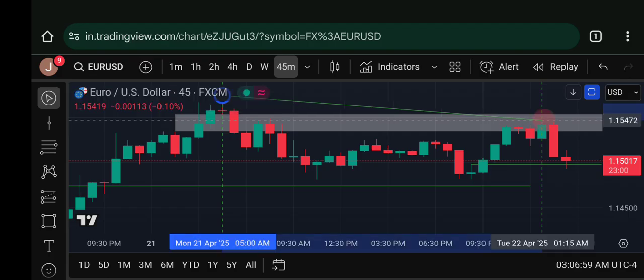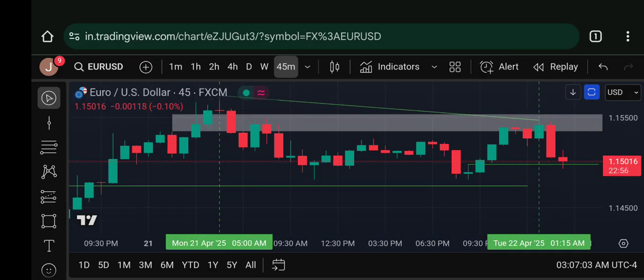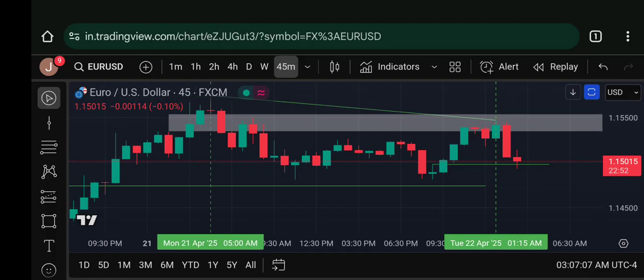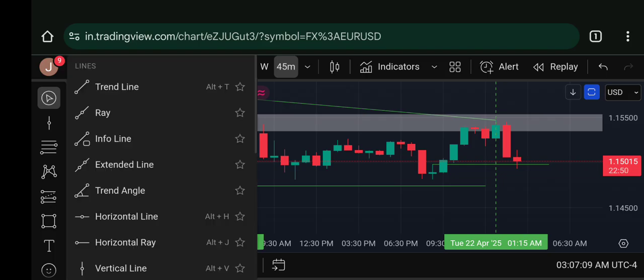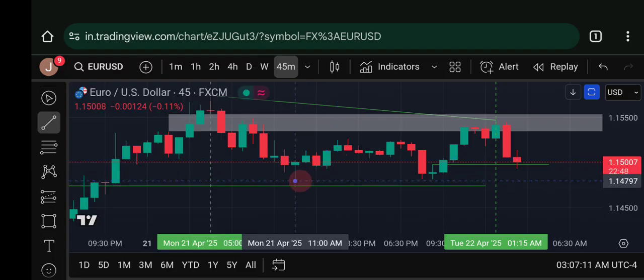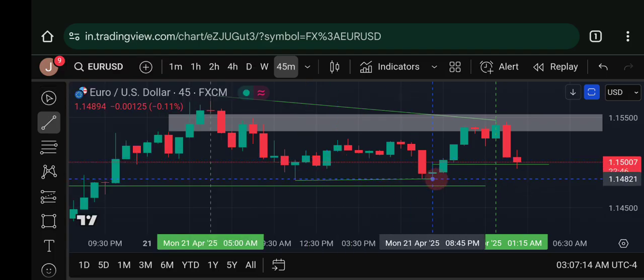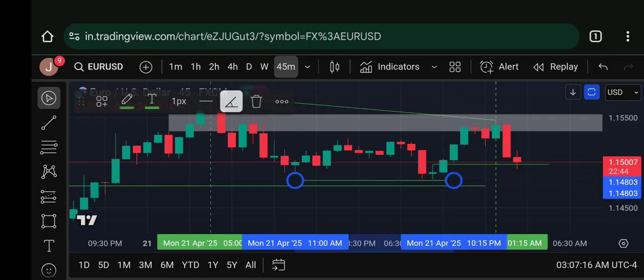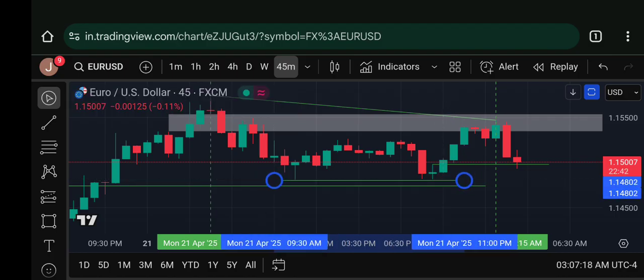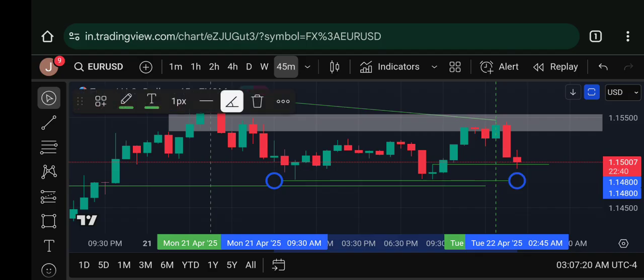we can see that the same one got respected here on the 45-minute chart, and now price wants to move to this sell side liquidity, to these relative equal lows.